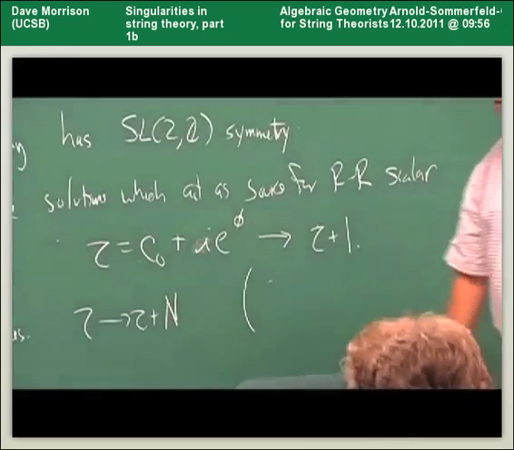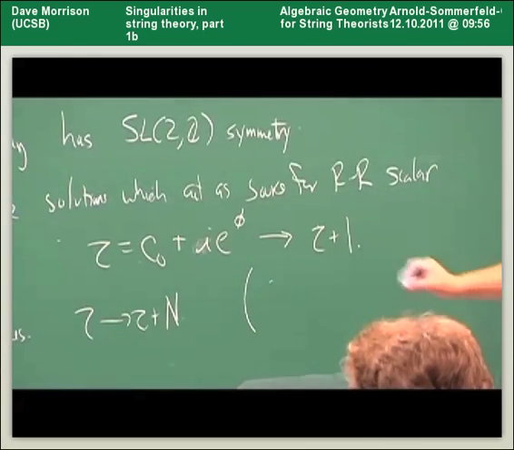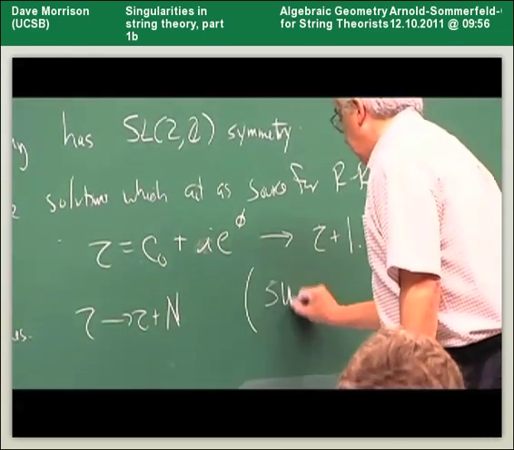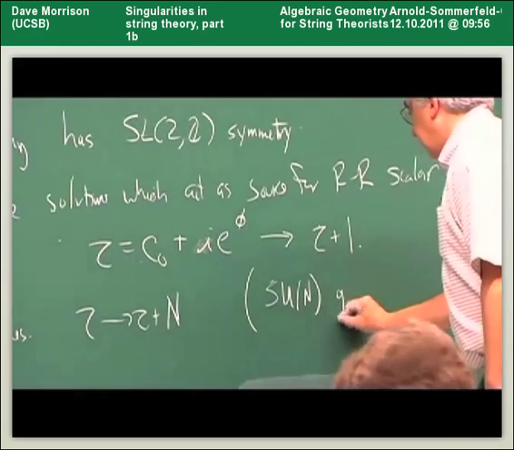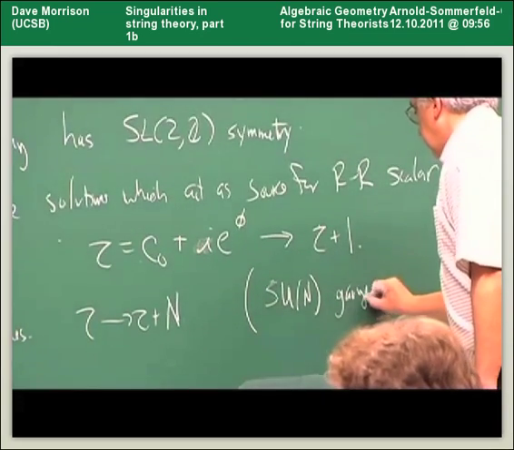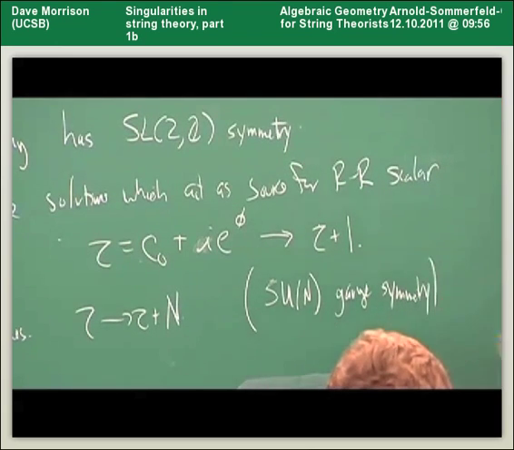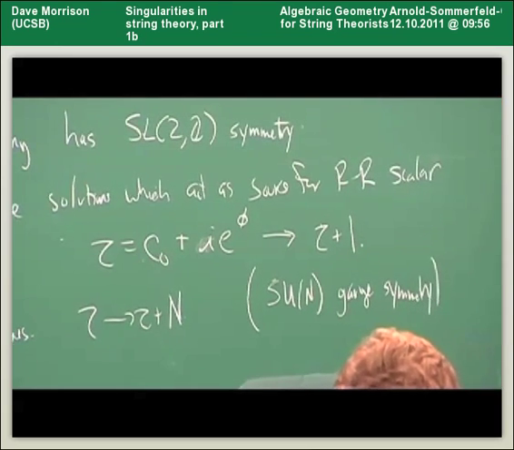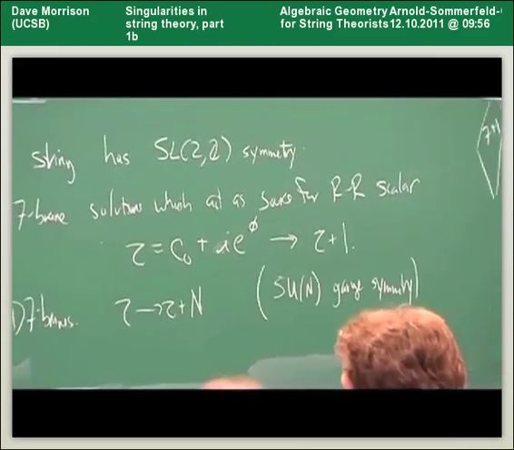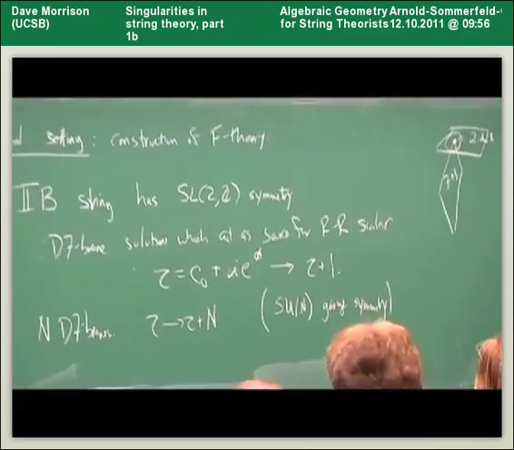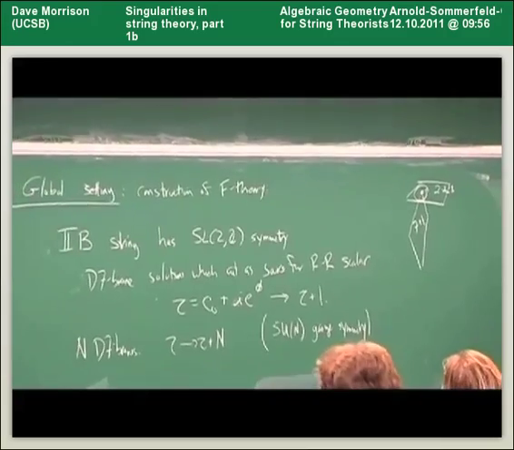And that's a case where the general constructions of brane solutions suggest that there should be an SU(N) gauge symmetry in the story associated to that collection of branes on top of each other. So the usual picture for why that SU(N) gauge symmetry emerges is that there are open strings which connect the branes that are sitting on top of each other.